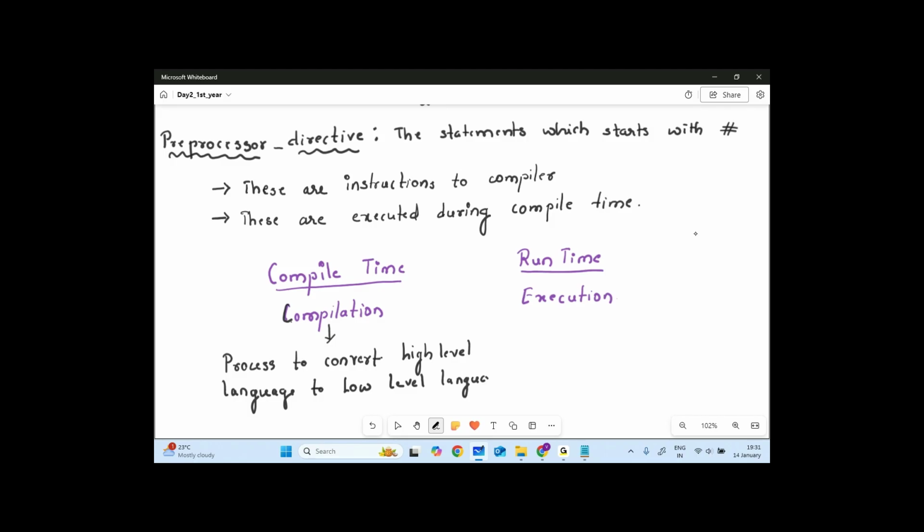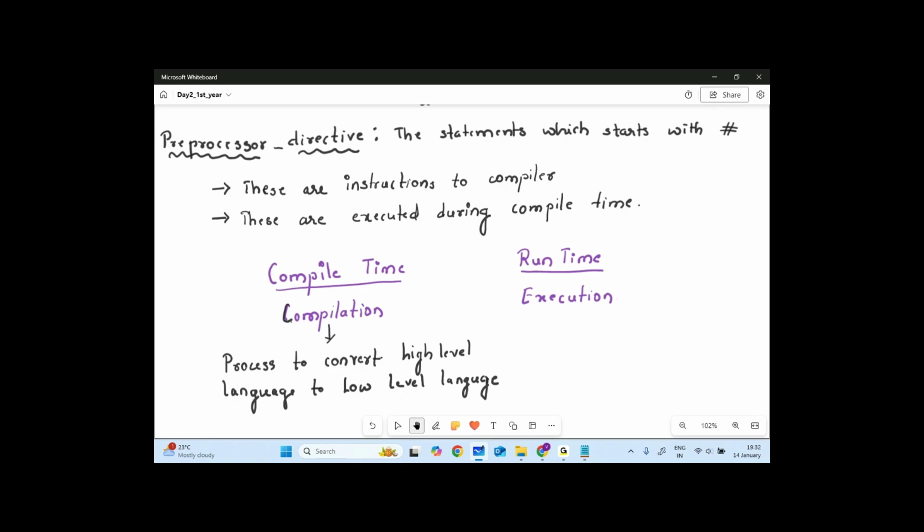In the compilation process, computations like addition, subtraction and multiplication will not happen. Only the conversion from high level, human written language to machine understandable language happens during compilation.